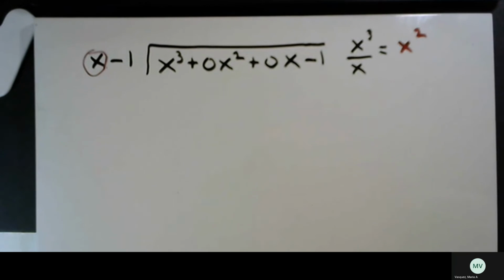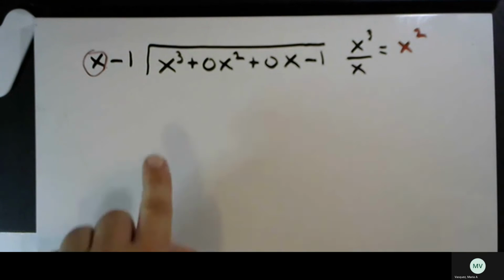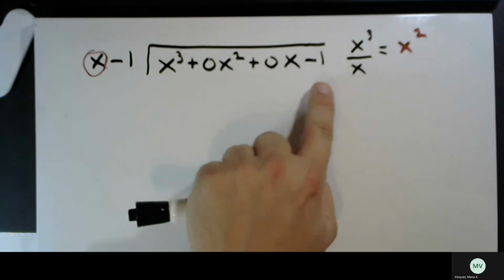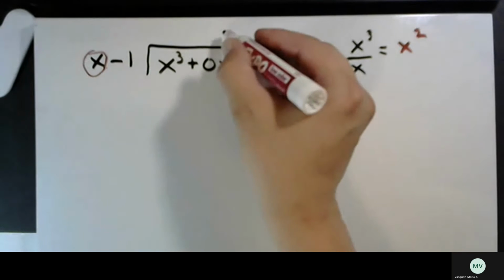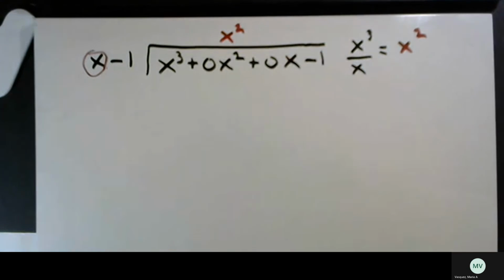So x cubed divided by x is x squared. So here we can kind of think of it again like columns. An x cubed column, an x squared, an x to the 1, a 0 degree column, or a constant column. So since we got an answer of x squared, we'll put it in the degree 2 column.